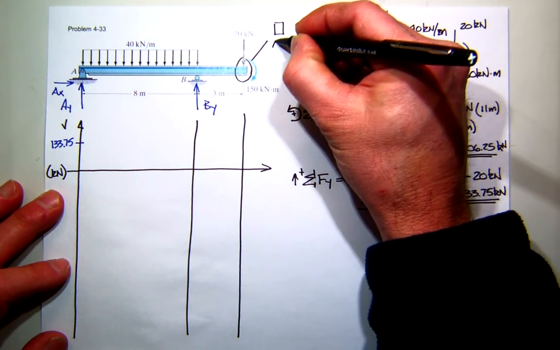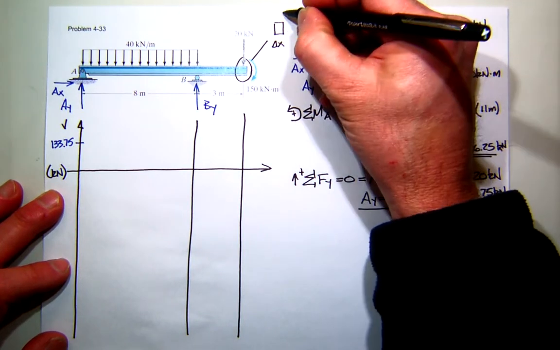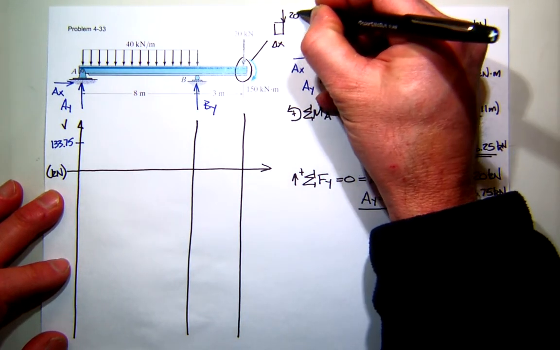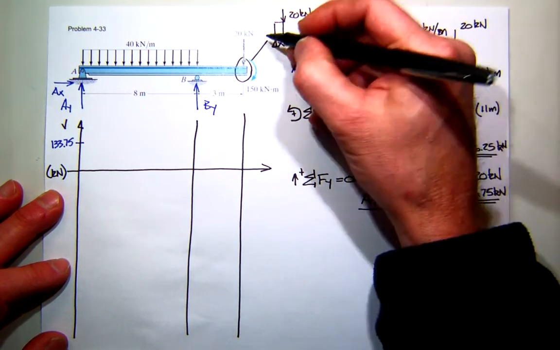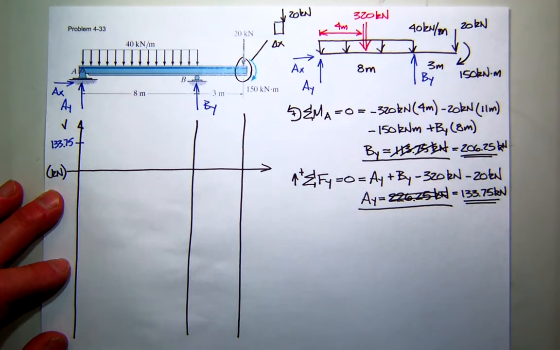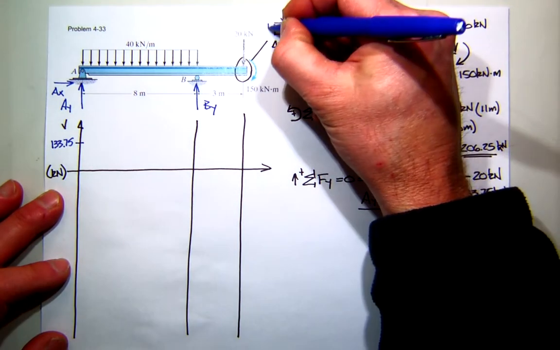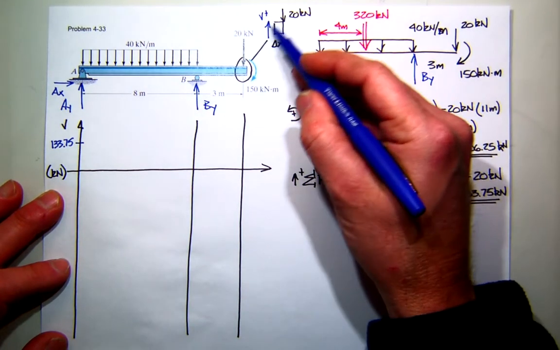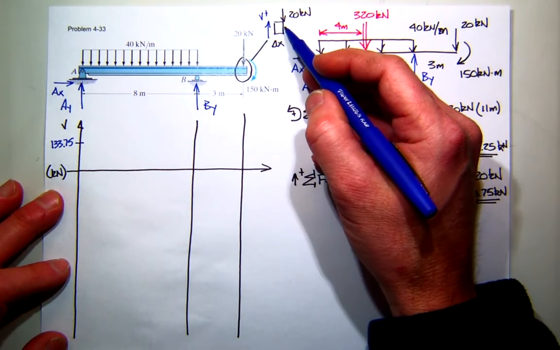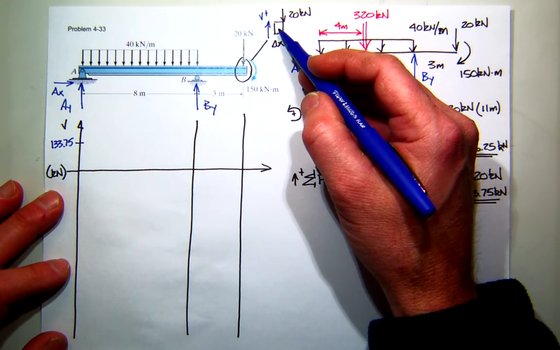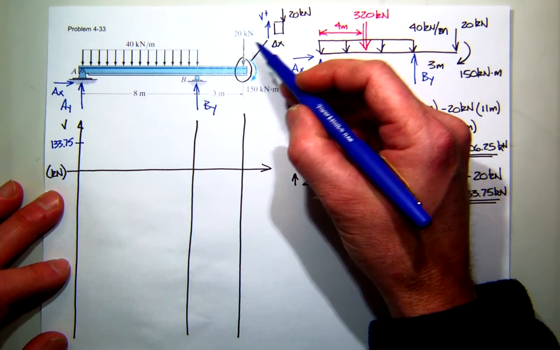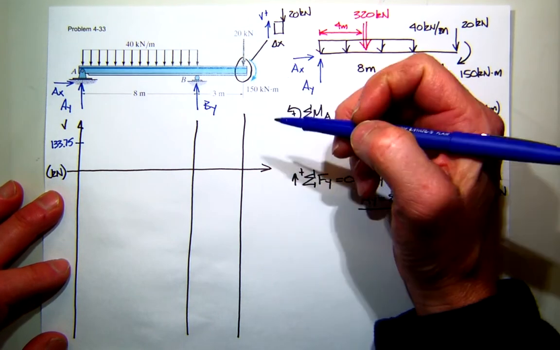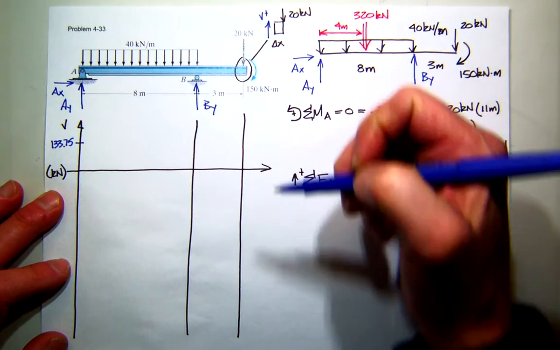A little dx chunk with your 20 kilonewton force here. Now on this face, what's positive shear? Up or down? Up. So you can see those two forces balance. So we're going to have a positive shear at the end of 20. Oh, that's right. You see that? Yes.